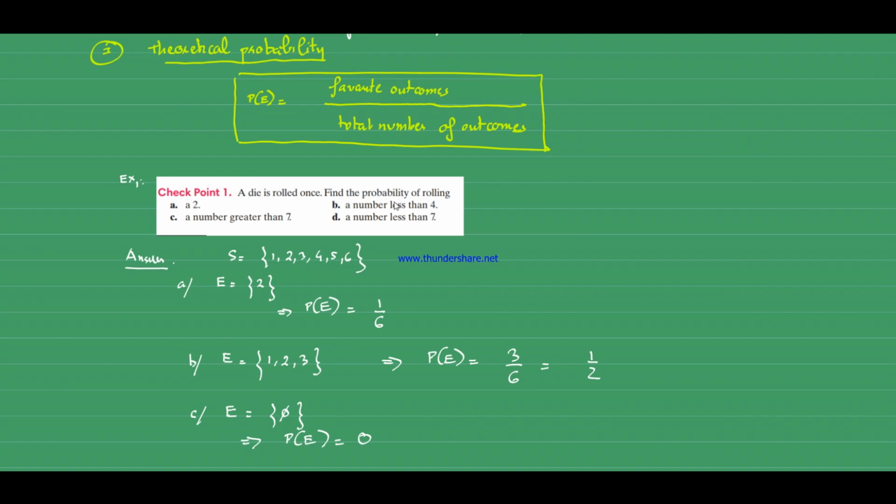So the theoretical probability does not depend on how many performances you have. You see that in the first example, it never mentioned how many times the die is rolled. When they talk about the number of operations or the number of performances to get a favorable outcome, then that's not theoretical probability.